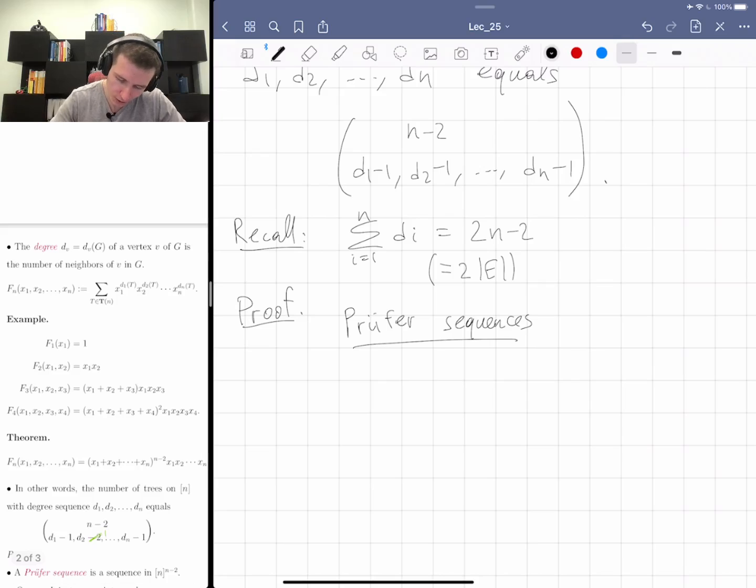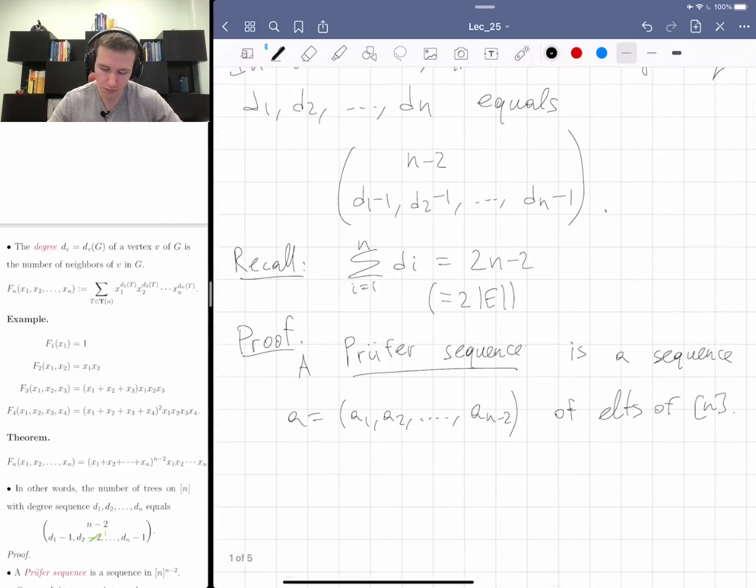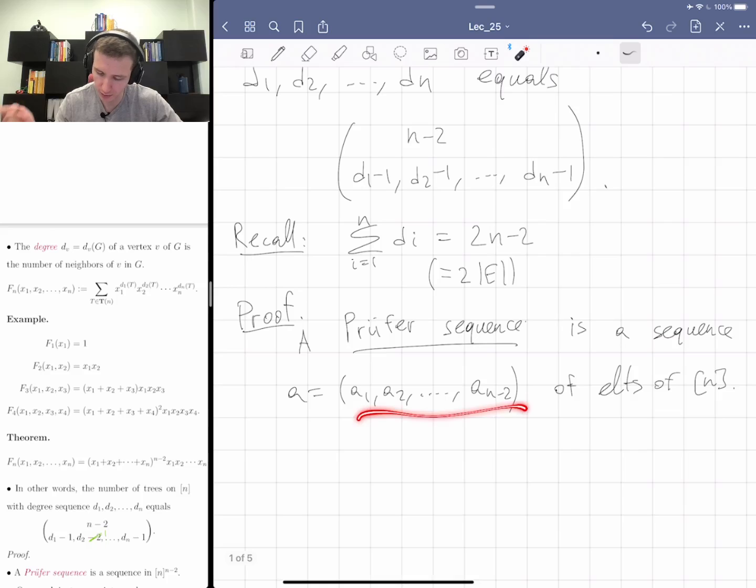But anyways, let me give a definition. A Prüfer sequence is a very simple object, it is just a sequence A of A1, A2, all the way up to A_{n minus 2}, of elements of the bracket n. In particular, any sequence of n minus 2 numbers is a Prüfer sequence.